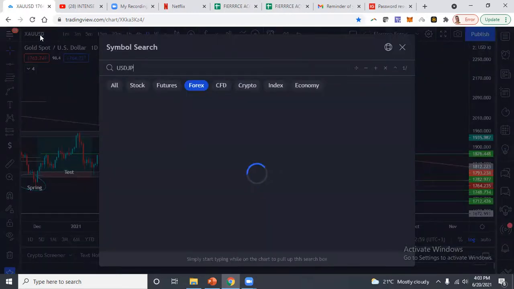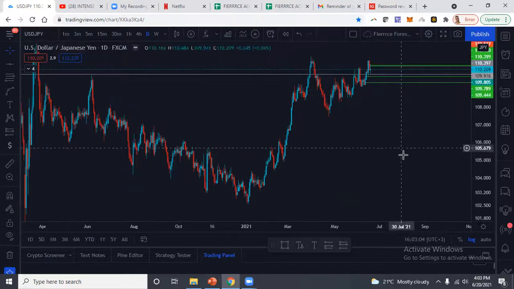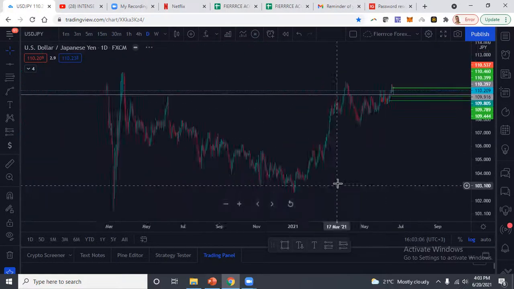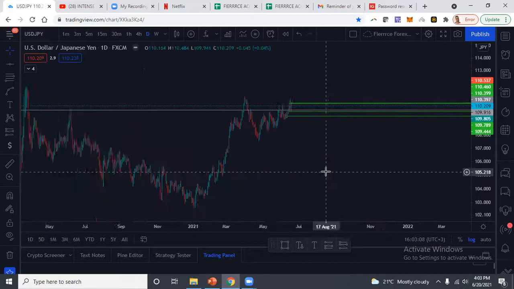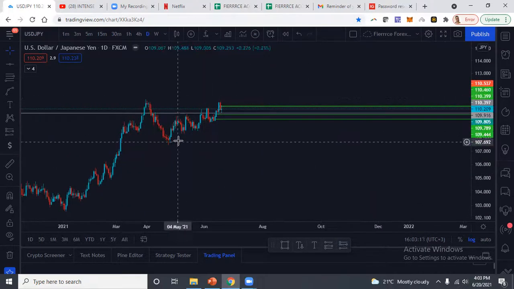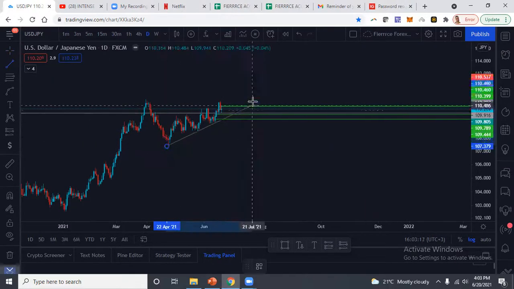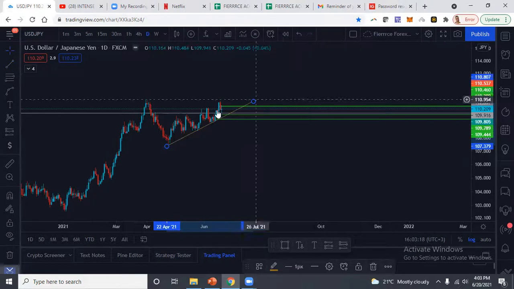So let me look at USD JPY. USD JPY has also been bullish, okay, on the longer time frame. And last week, you can see here, it was kind of forming a flag of sorts. The trend was up here, it's very clear.